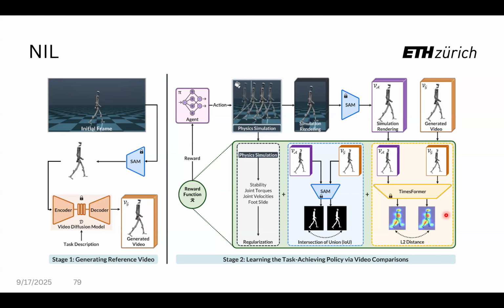But also nowadays, since we have better large models, we don't even have to generate these videos and use them as some reference, as some reward. What we can do is input what the policy is doing as the video input to the model and directly tell the model the task. And the model should be able to give us a reward function for that.